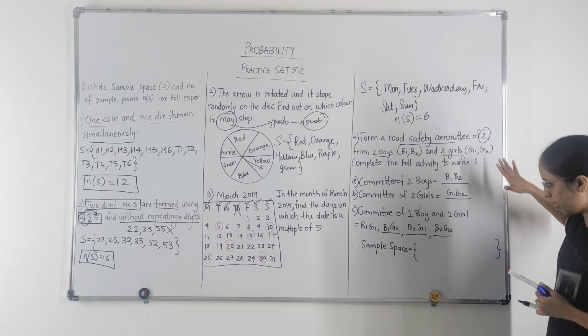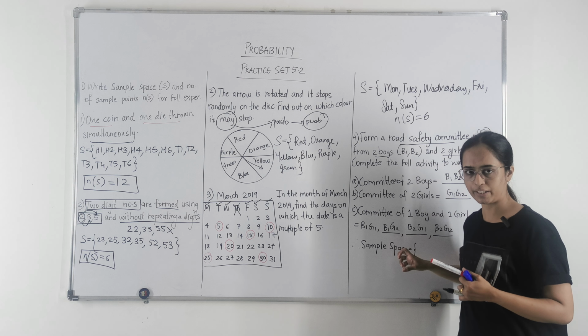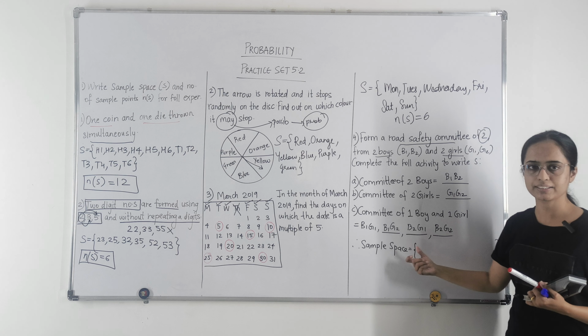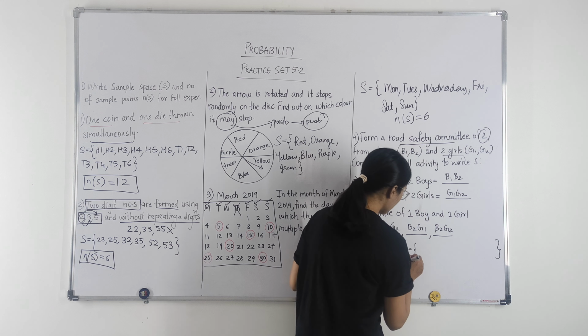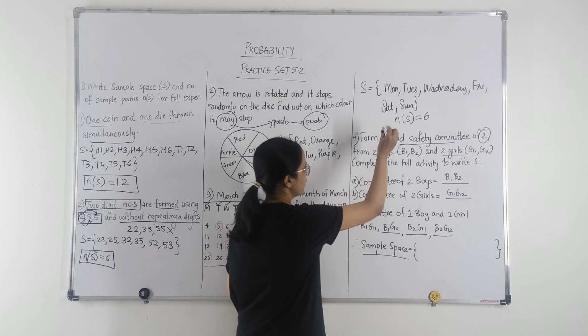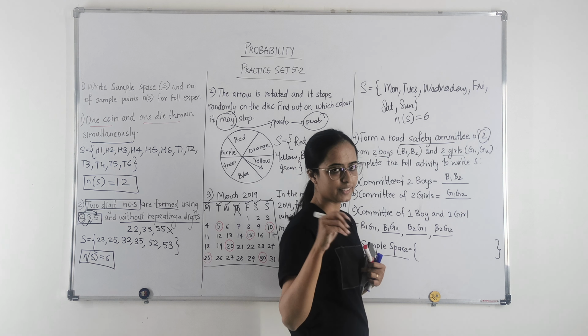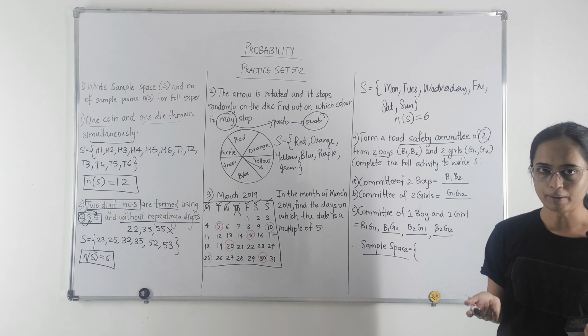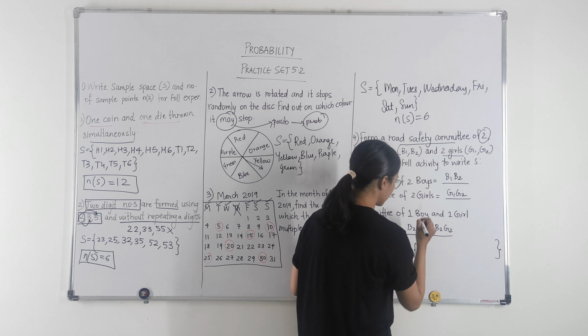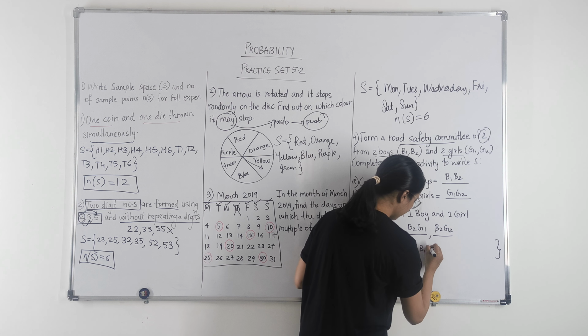Now when you combine all these outcomes together in set form, the resultant set that we get is your sample space. So if you want to write the sample space for this situation where there are 2 boys and 2 girls, and you are asked to find a committee of 2 members, the situation can be that both are boys.